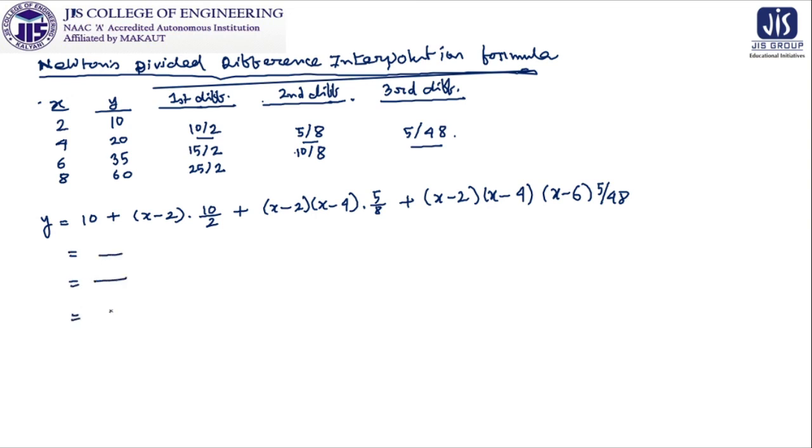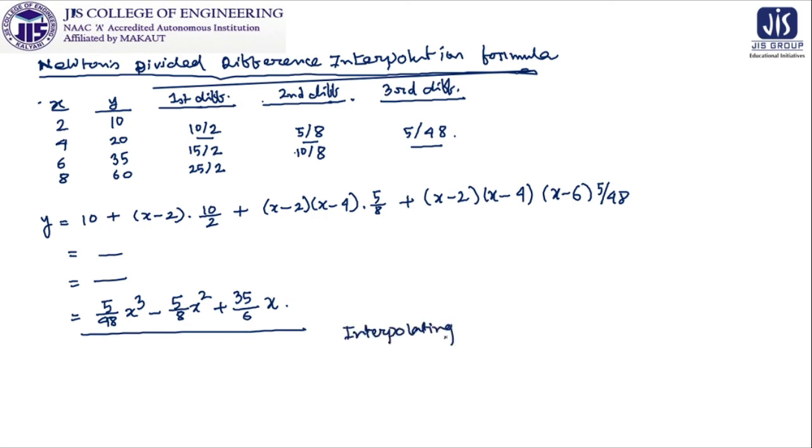So if I simplify this, I will get 5 by 48 x cube minus 5 by 8 x square plus 35 by 6 x, which is the interpolating polynomial achieved by Newton's divided difference interpolation formula.